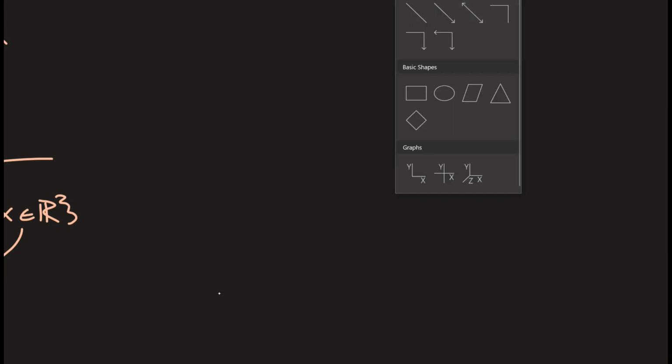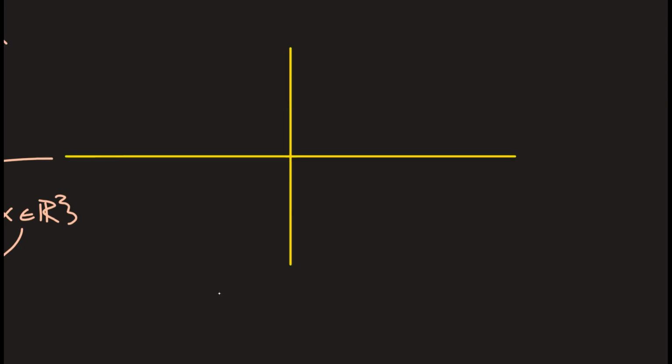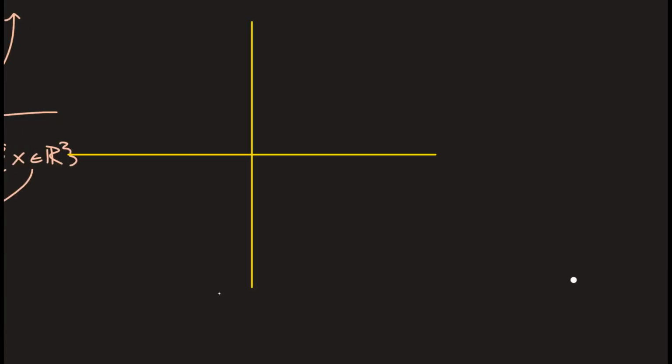What if it's a stretch or compression? So if we have a graph, and this green is my normal, my original. This is vertically reflected.